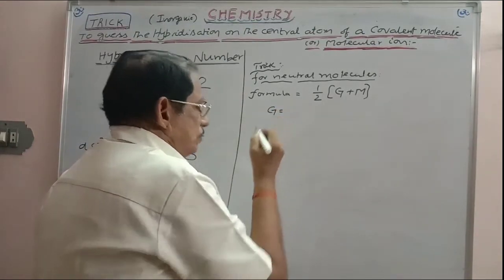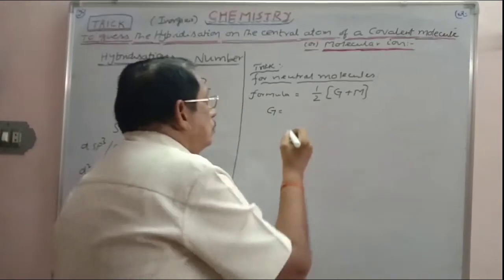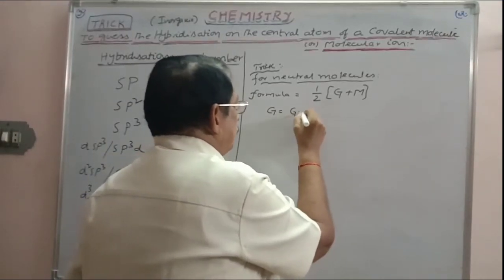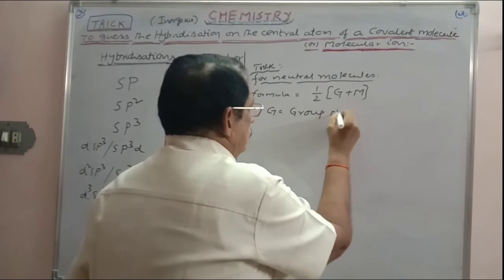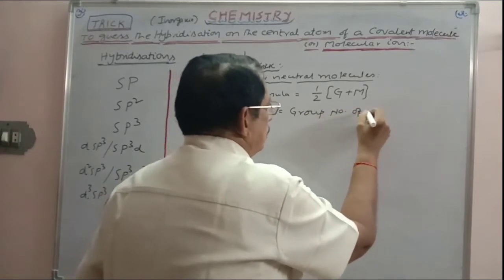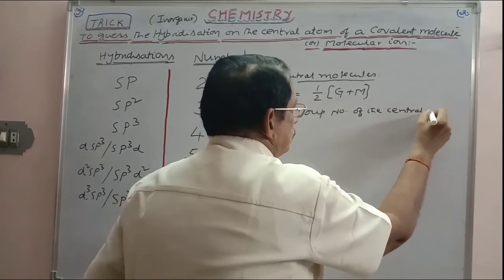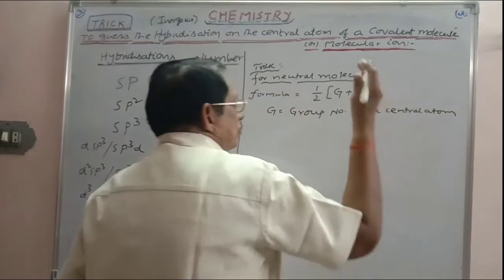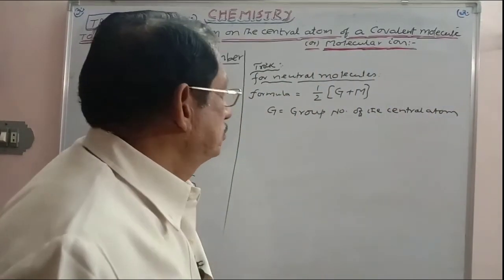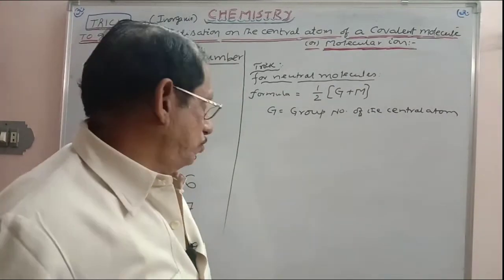Half into G plus M, where G is equal to the group number of the central atom of a covalent molecule.